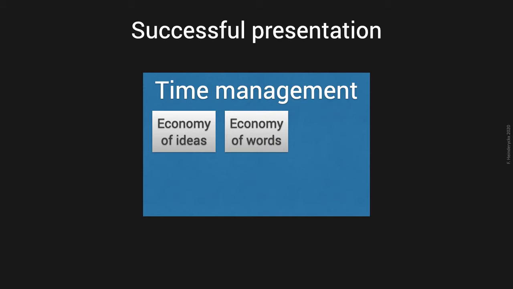So don't repeat yourself. Don't make sentences too long if you can make them shorter. Pick the words that will go straight to the point and straight to the idea, to make sure you don't waste too many words, because wasted words are wasted time, and wasted time is wasted opportunities to convey your message.